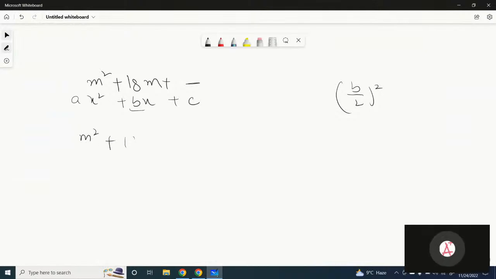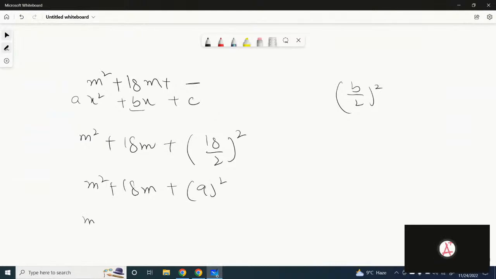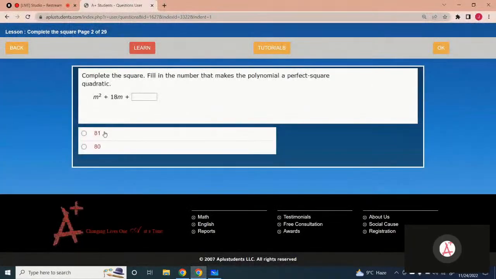M square plus 18m plus b is 18, 18 divided by 2 whole square. 18 divided by 2 is 9. It would be 9 square. M square plus 18m and plus 9 square is 81. M square plus 18m plus 81. So the missing value is 81. So the correct option is 81. Just select the correct option and click on the OK button.